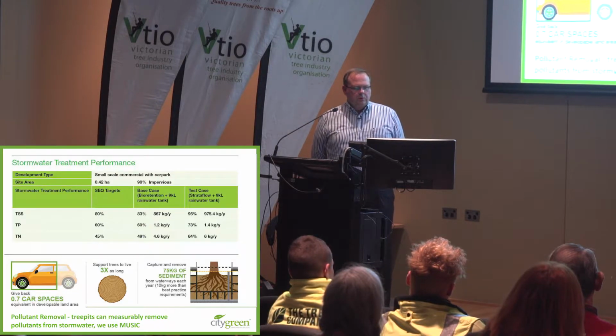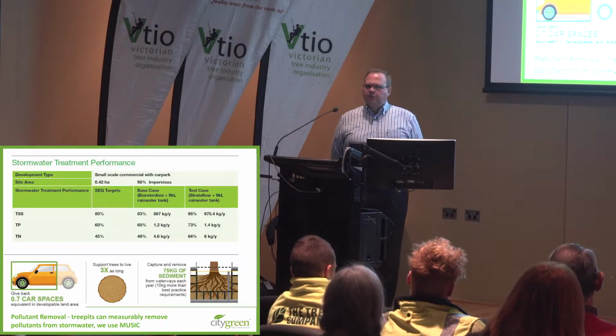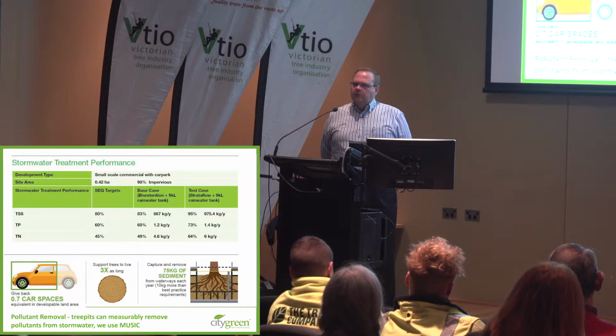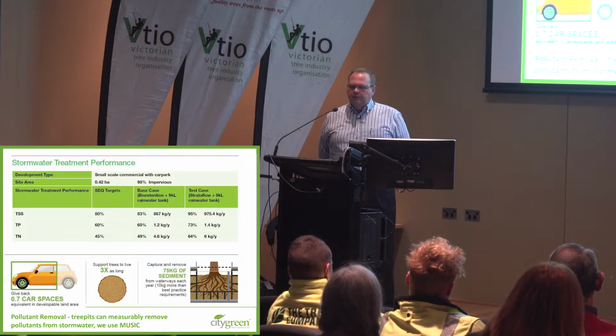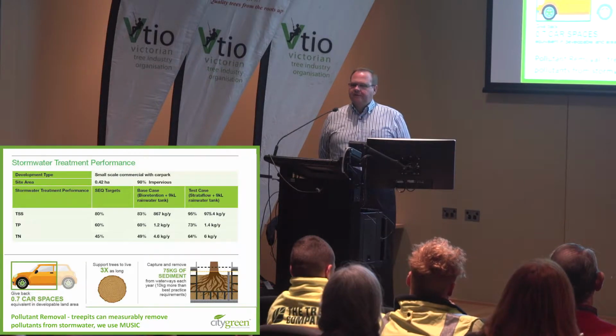So what we can do is look at what the pollutant removal targets are for the region you're working in, and then we can look at the positions where street trees can go, and then we can check the catchment area, for example, per tree.